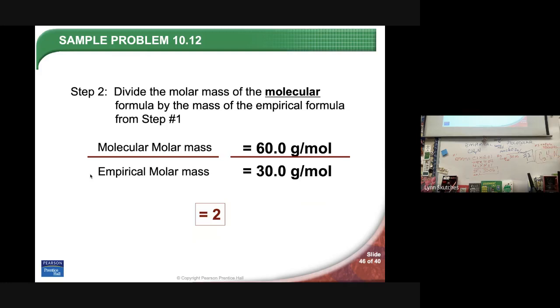So the real molecule is big. It will only ever be equal or bigger than the empirical formula. So 1 to 4 to 1 is the same proportions as 2 to 8 to 2. Proportionality doesn't change, just that it's a multiple of it.